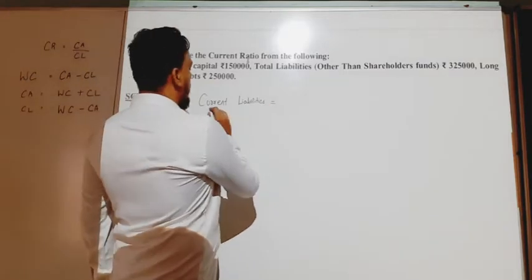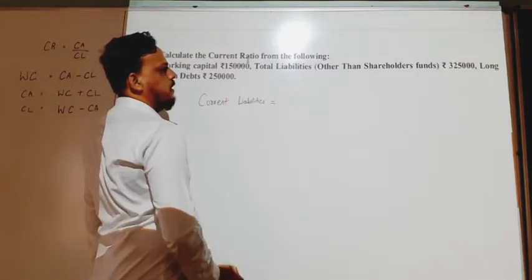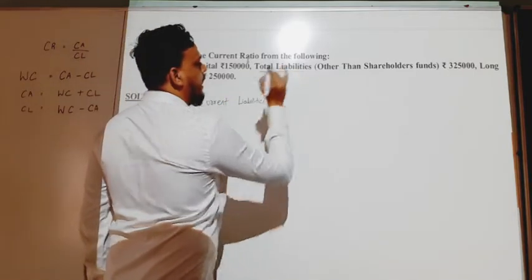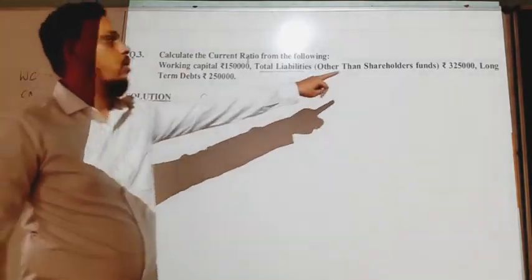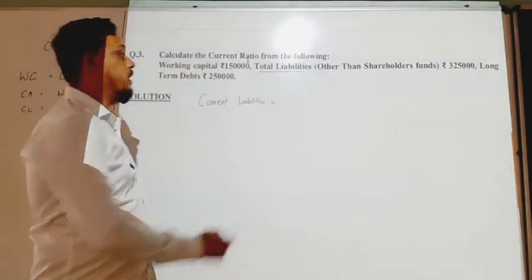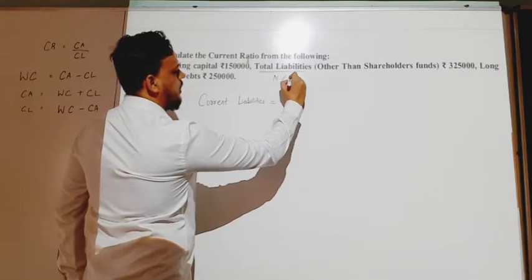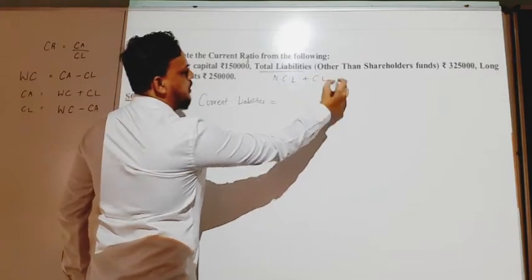So let's begin by calculating current liabilities. The total has been given, in which only the shareholders' fund is excluded, so it is non-current liability plus current liability.